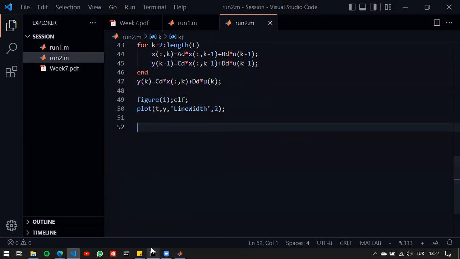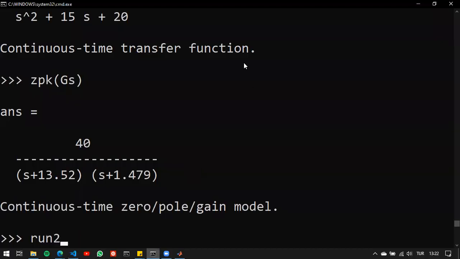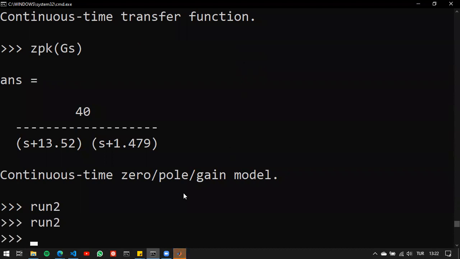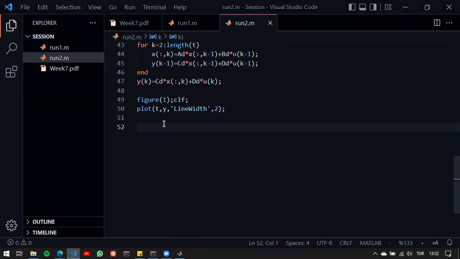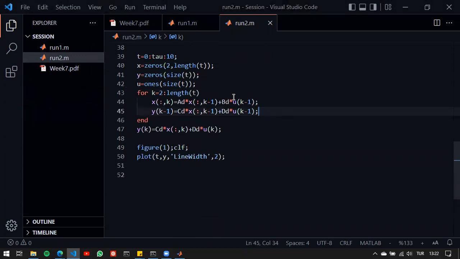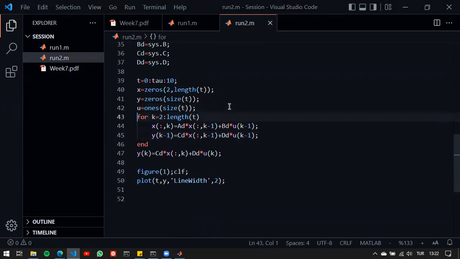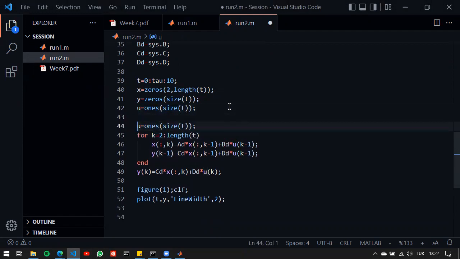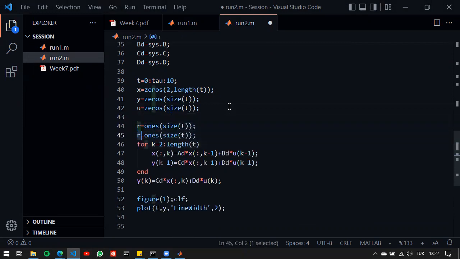Now, let's run again to be sure that it does work. There we go. Now, what we need to do is first of all create some extra variables here. One of them is the reference. We have a certain reference signal. We have outputs, and the difference should be stored in E here.